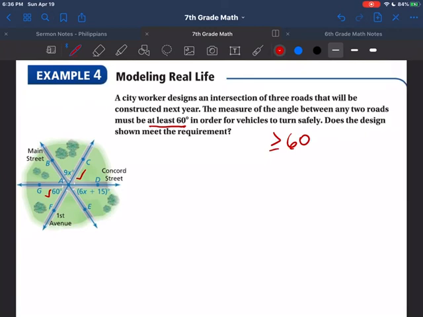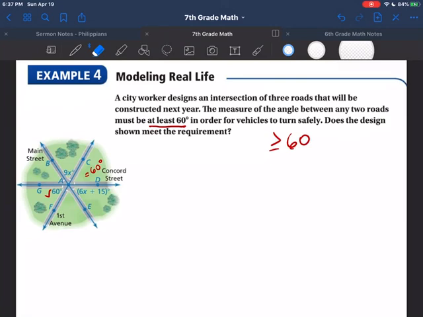We need to figure out what x is. Okay, so that means that this is 60, right? Because these are vertical angles. This and this are vertical angles. That's why we knew that it was okay.